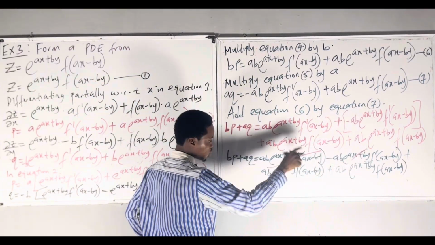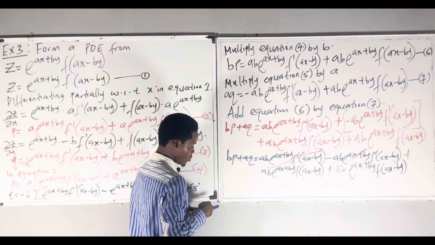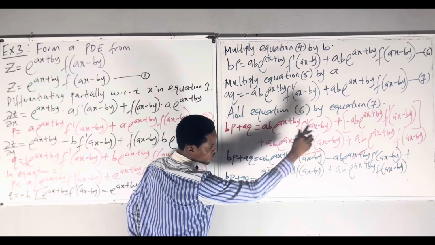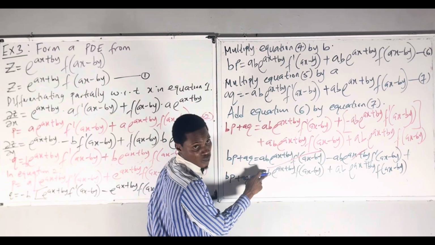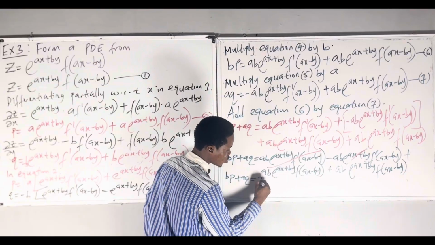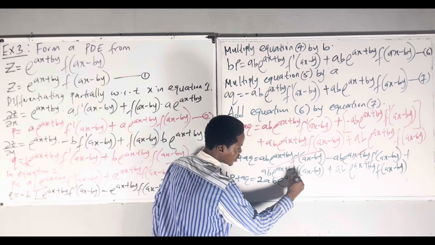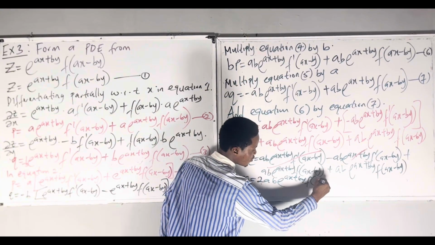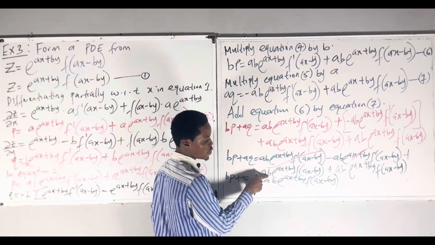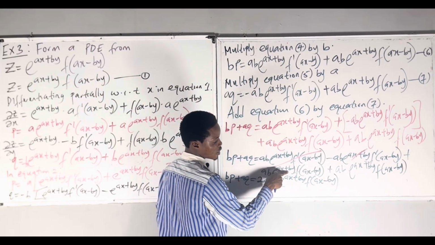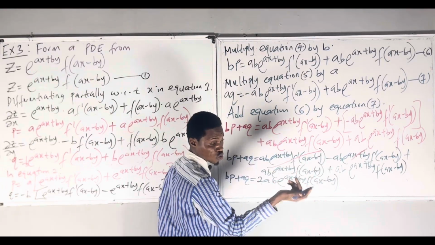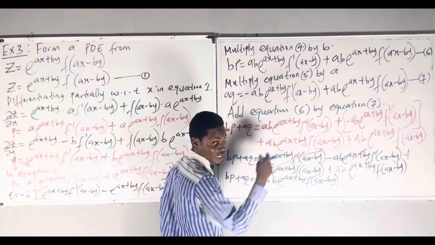So I'll be left with BP plus AQ is equal to AB exponential. If I add it together, I'm going to have 2AB exponential AX plus BY f of AX minus BY. The coefficient of AB exponential AX plus BY f prime of AX minus BY is 1 here, so this one is also 1. 1 plus 1 is 2. So I'm going to have 2AB since they are the same thing.